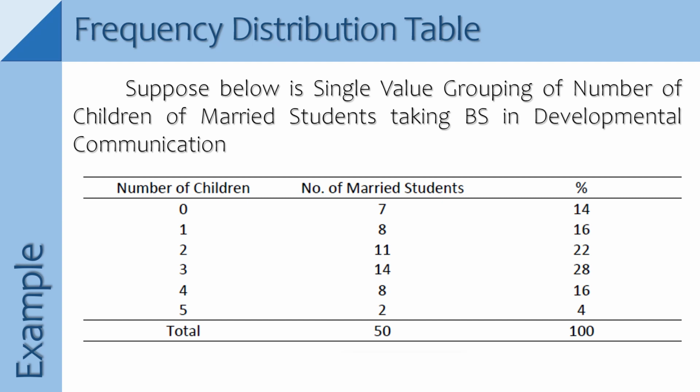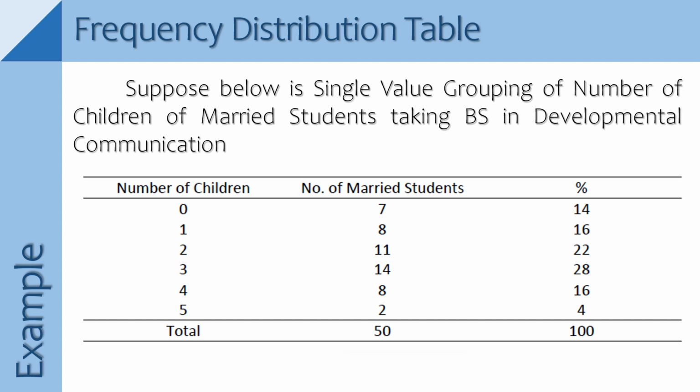There are 8 married students who have one child. 11 have 2 children. 14 married students have 3 children, 8 married students have 4 children, and 2 of them have 5 children.